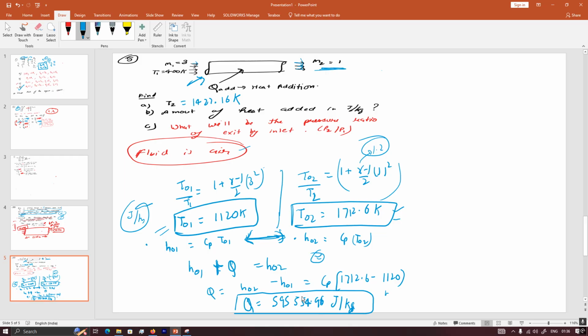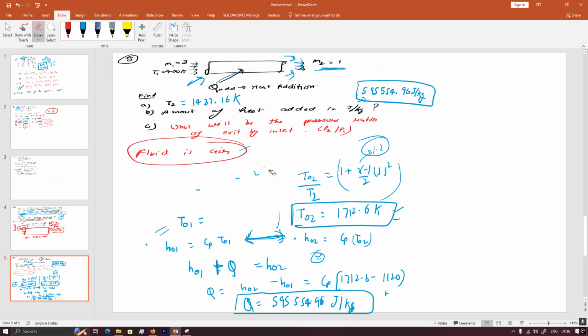So we have got our heat added, which is equal to 595,554.96 joule per kg. So this much heat was added to make the flow choked, M1 to M2. So we got the story.